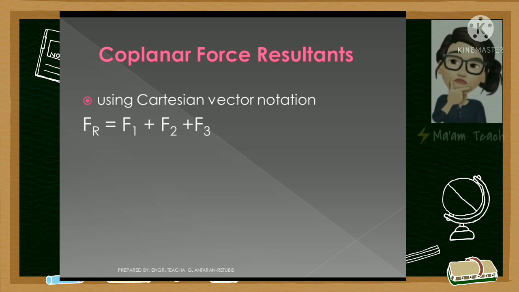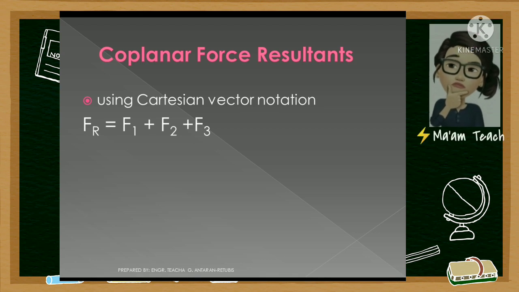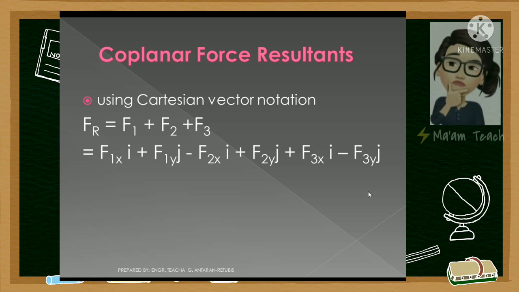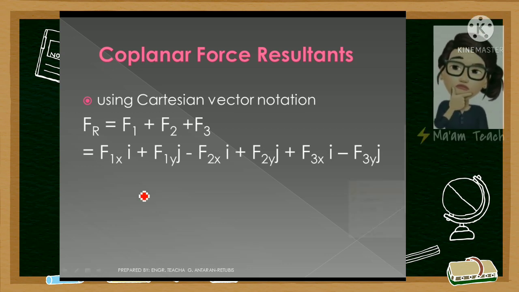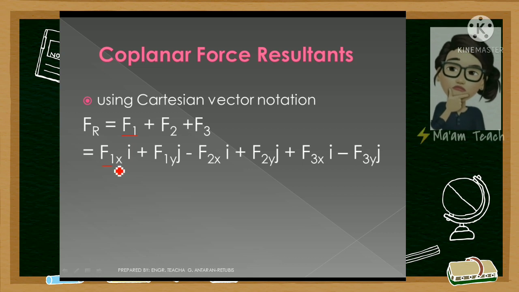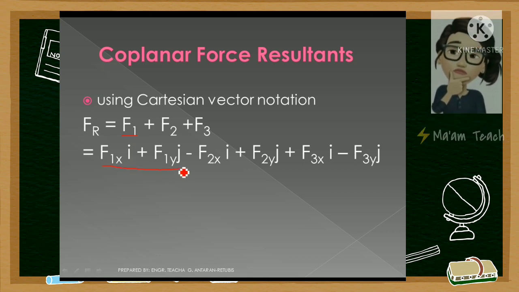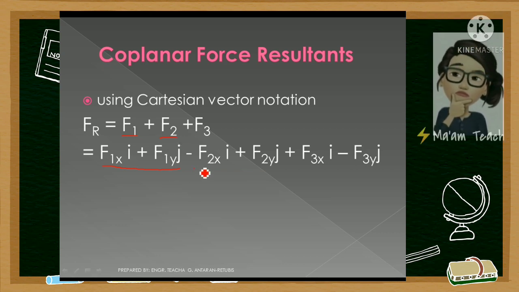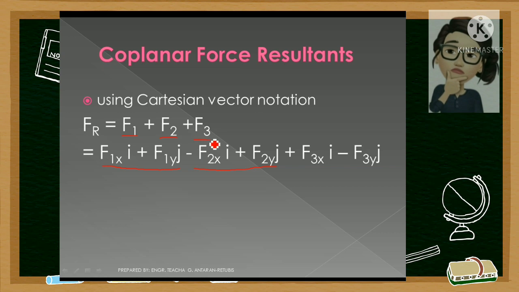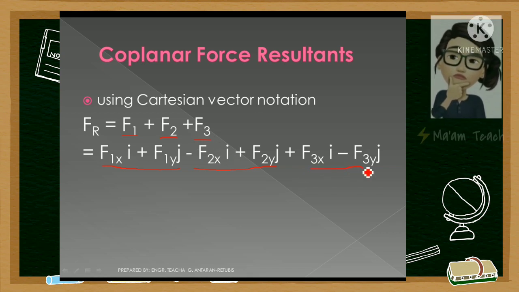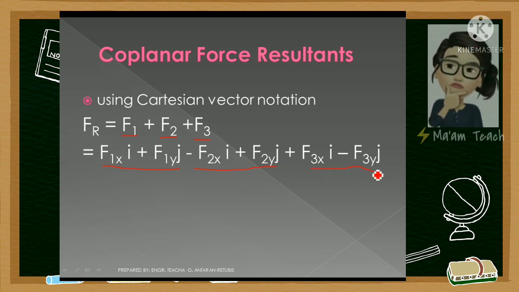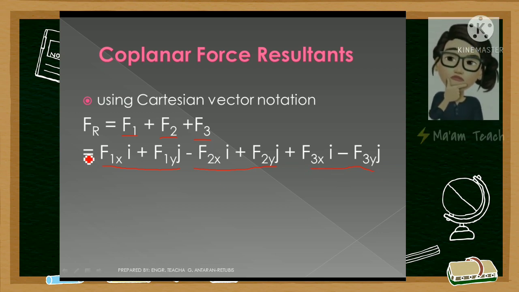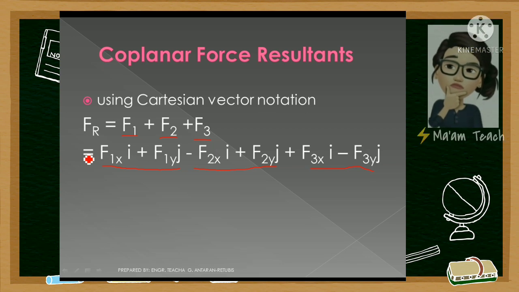As you can see here, the value of F sub 1 is F sub 1x i plus F sub 1y j, while for F sub 2 and F sub 3 we have the values expressed earlier. Now, how are we going to combine these?